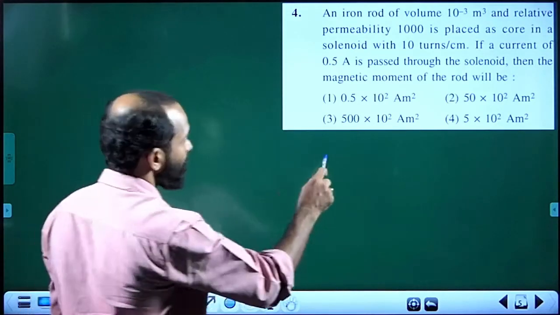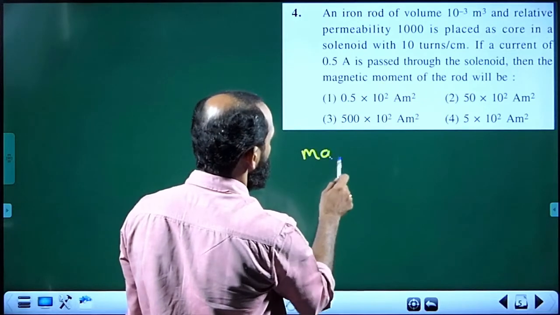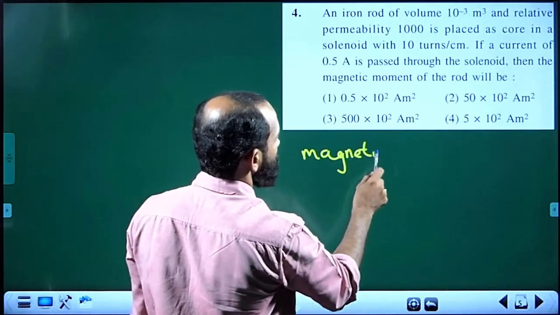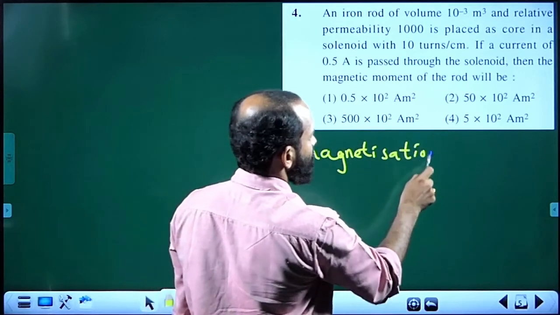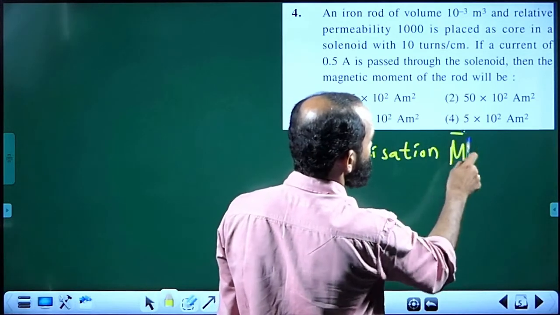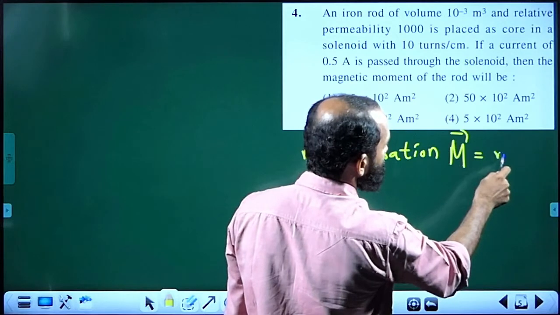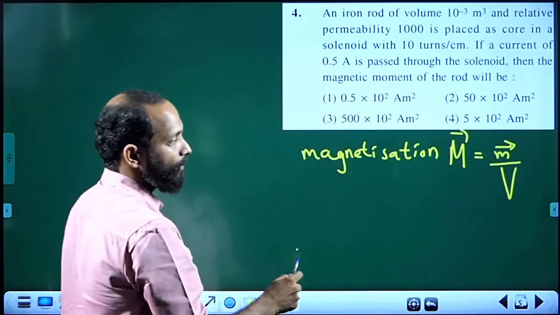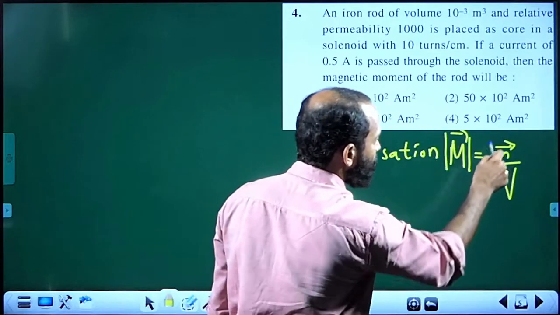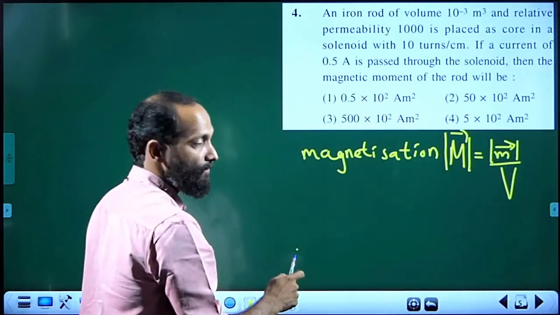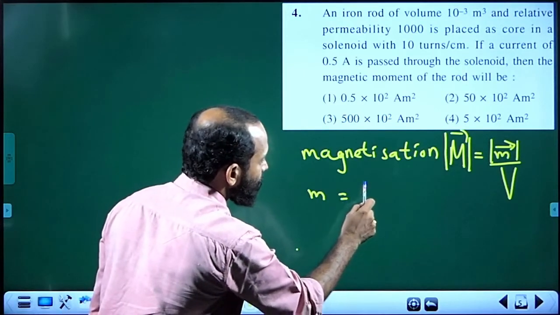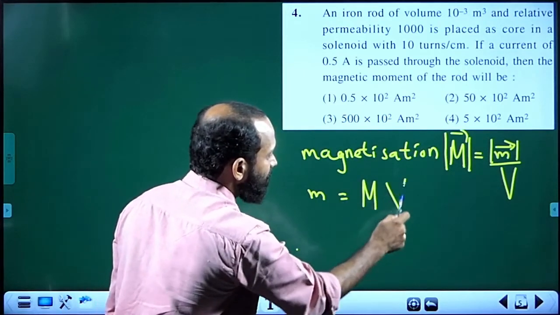We know the formula for magnetization. We have learned from our textbook that magnetization vector capital M is defined as the total magnetic dipole moment divided by volume. So in this way you can find the magnitude of the magnetization vector, that is, the total magnetic dipole moment is equal to magnetization times volume.